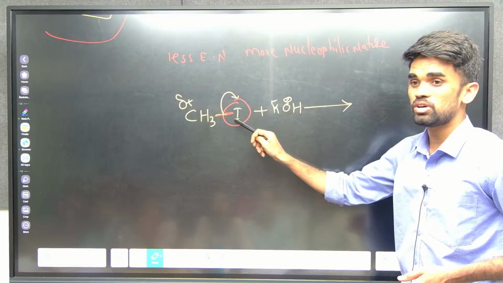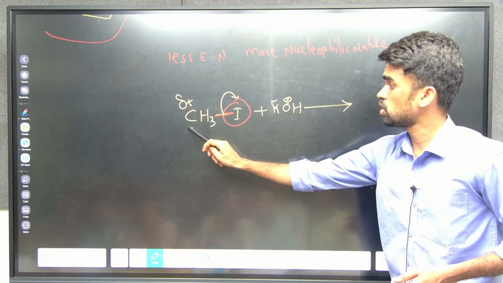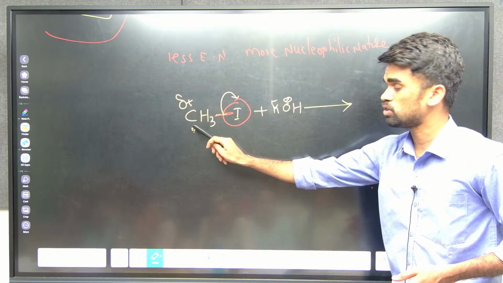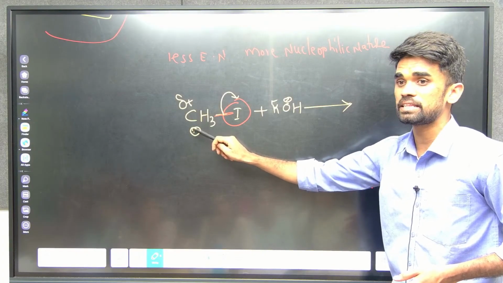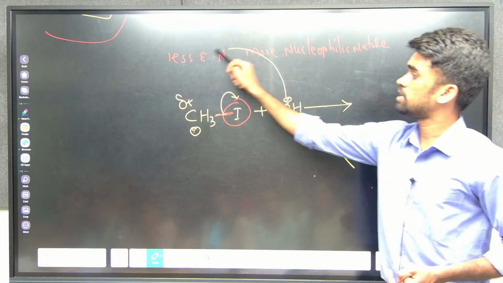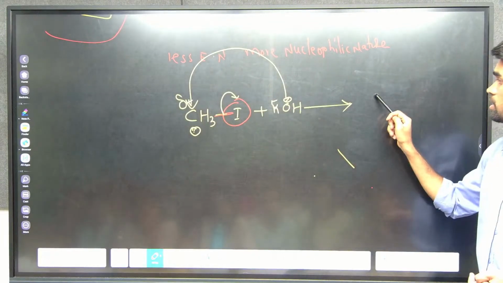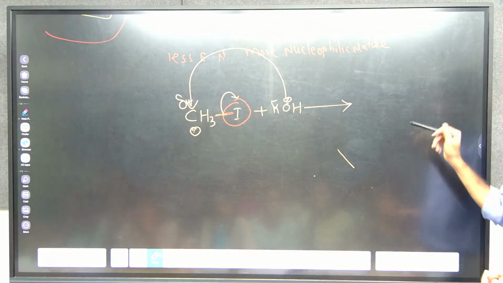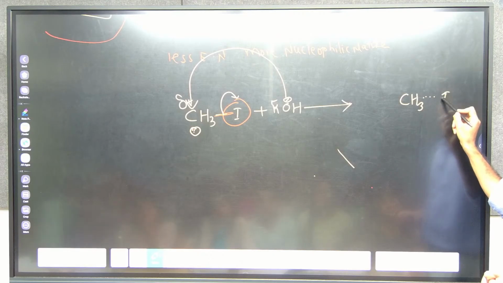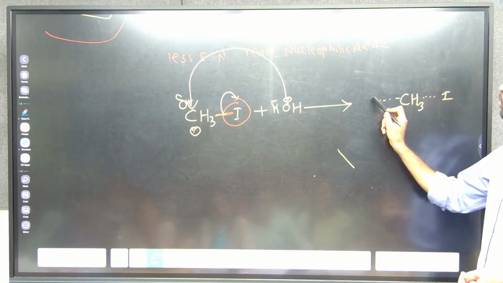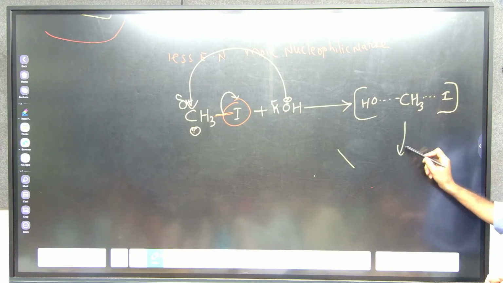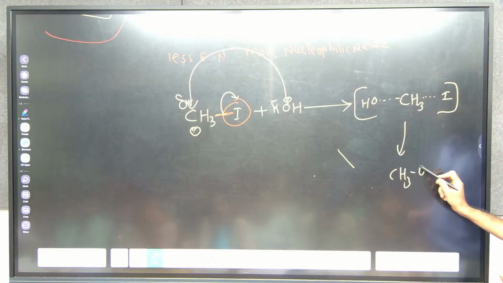Now what is the charge created here? Positive. So can I say this is a nucleophilic center or an electrophilic center? If this is the electrophilic center, what should come and attack there? Out of these, which is the nucleophile? That will come and attack here. In CH3, see, I is going out from this side and OH is coming in from the back side. Like this we are seeing. Finally you are going to get CH3OH.